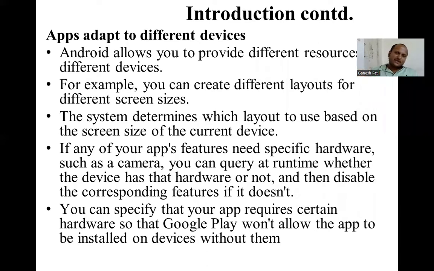If any of your app's features need specific hardware, such as a camera, you can query at runtime whether the device has that hardware or not, and then disable the corresponding feature if it doesn't. You can specify that your app requires certain hardware so that Google Play won't allow the app to be installed on devices without them.